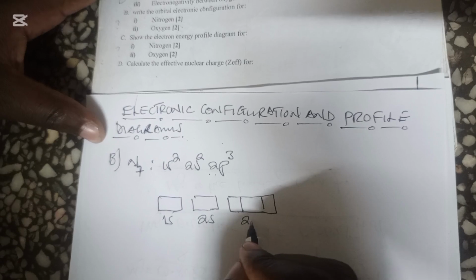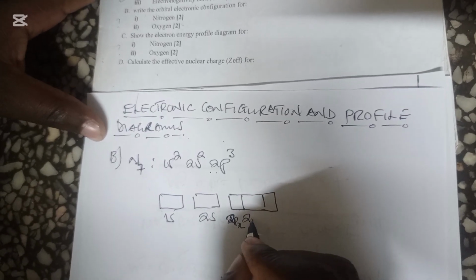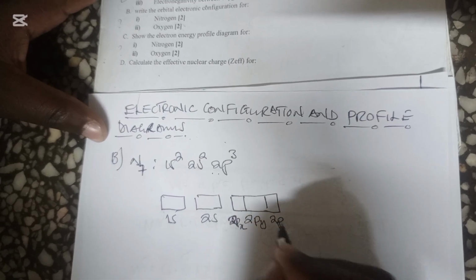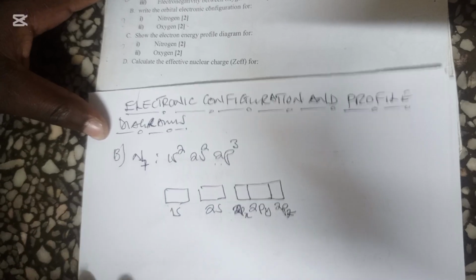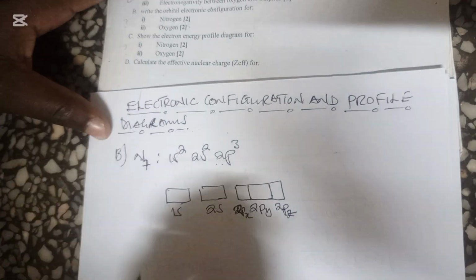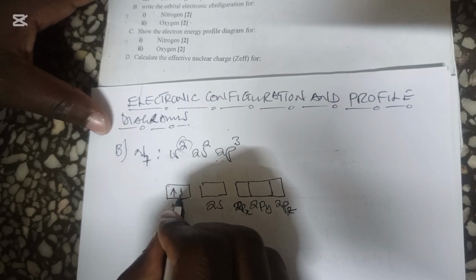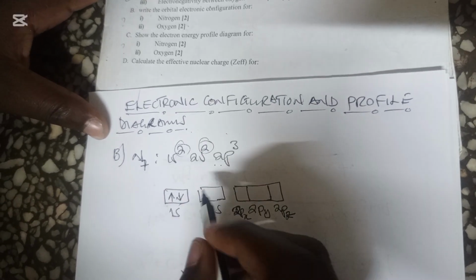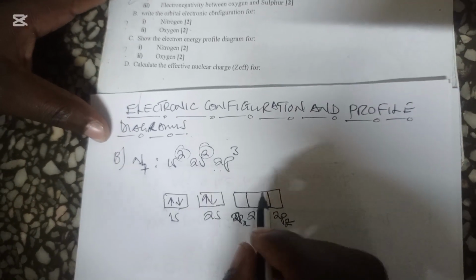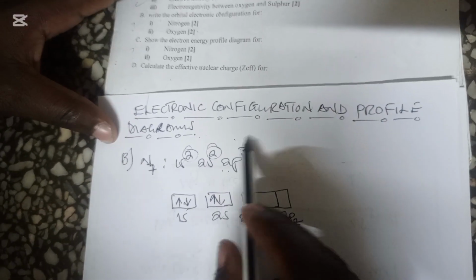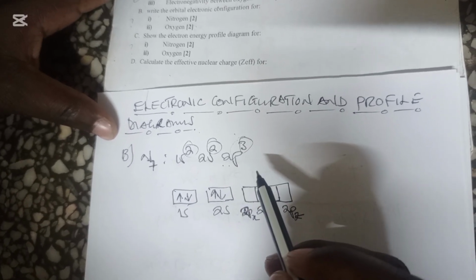If you want, you can divide this as 2px, 2py, 2pz. But you can also just say 2p, that's okay. In the first shell here we have two electrons, one pointing up, the other pointing down. In the next orbital we've got 2 also, so one up, one down. In the p orbital, we've got 3 electrons.